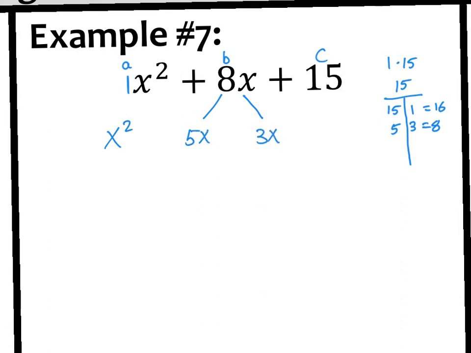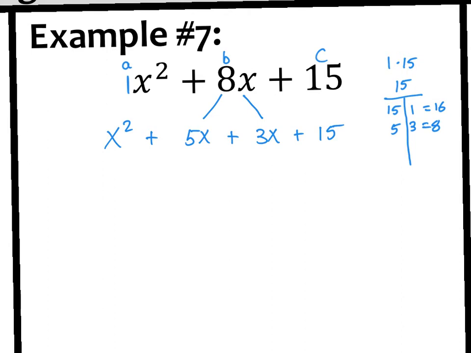Okay, because 5x plus 3x equals 8x, so we're allowed to do that. We're just rewriting it. Okay, I'm going to go ahead and bring down the other plus sign. It was a positive 5x. And I'm going to bring down my 15. Okay, so we just split the middle, and now we're going to do what we did above. We're just going to factor by grouping.